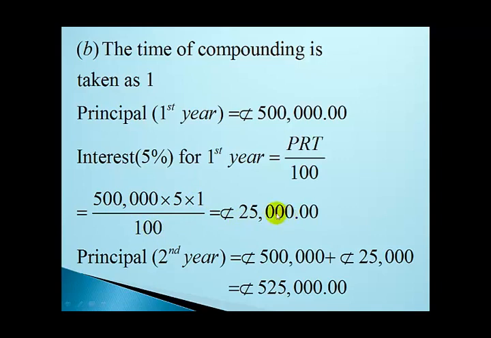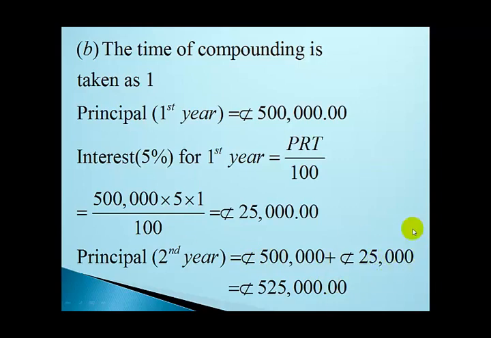Is equal to 25,000. So that is the interest at the end of the first year. Now, because it's compound interest, the principal for the second year will be the amount that was invested plus the interest at the end of the first year. The amount invested was 500,000, and the interest at the end of the first year equals 25,000.